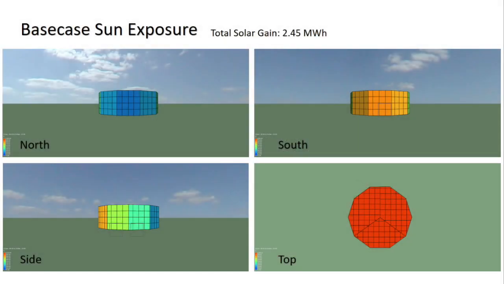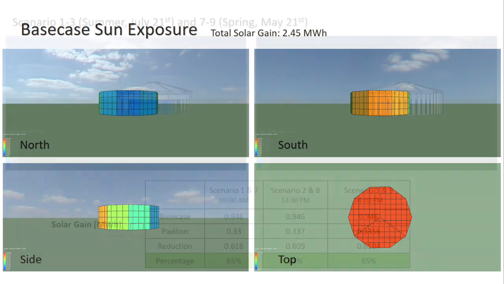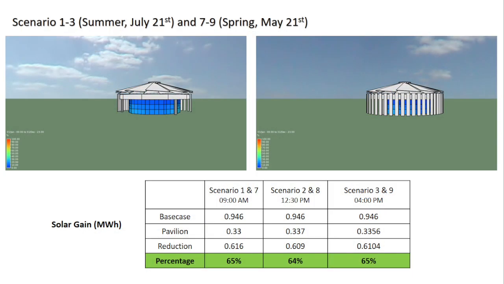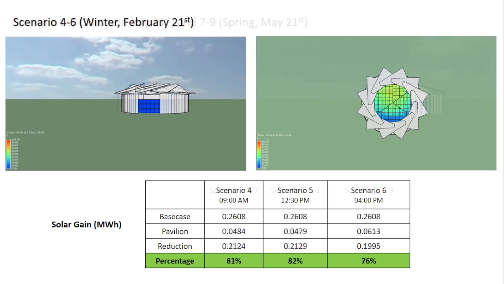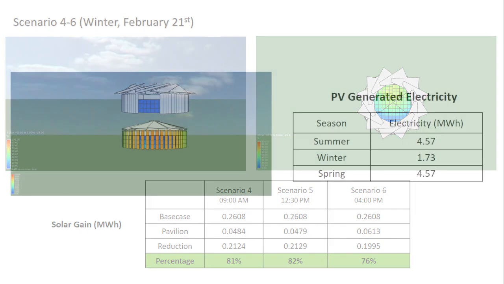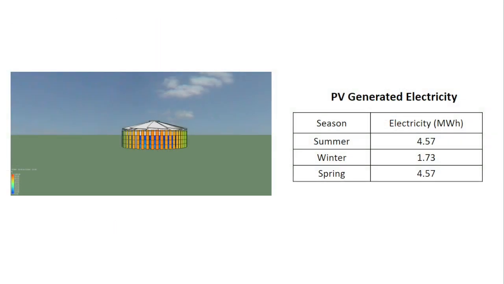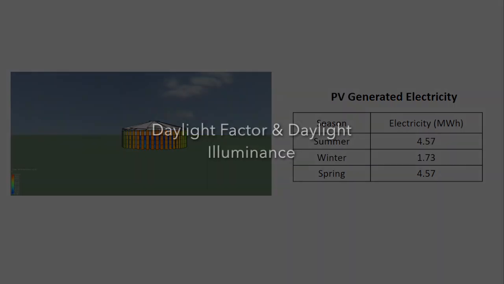The displayed figure shows the sun exposure on the base case from all directions. The total solar gain is 2.45 megawatt-hour. In summer and spring scenarios, the solar gain is reduced with an average of 65%. In winter scenarios, the solar gain is reduced by an average of 80%. The total PV generated electricity during the studied seasons is 10.87 megawatt-hour.